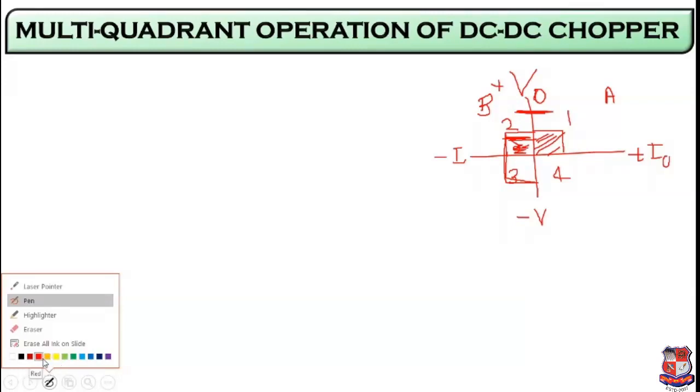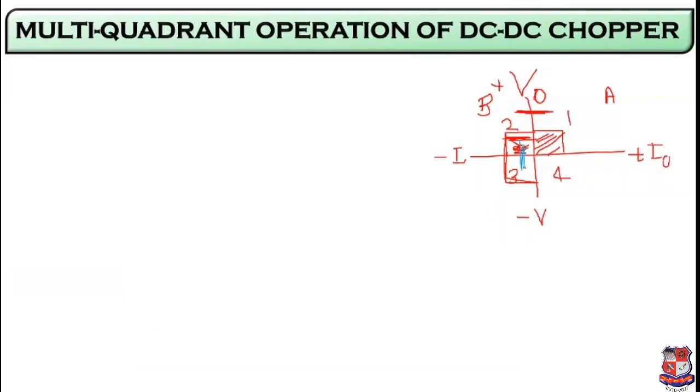So let me take blue color. So if I am operating in these two regions, it means that my current direction is constant. Okay, it is in negative direction, and my output voltage is changing. So in such a case, you can say that this is the next type of chopper, that is the C chopper.